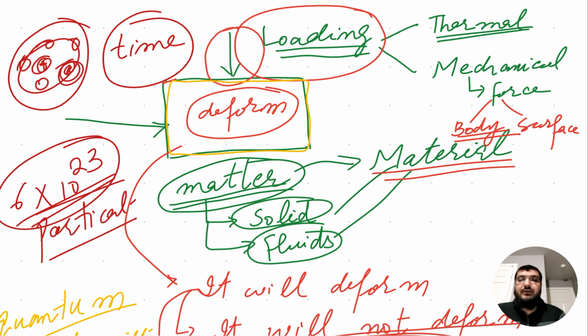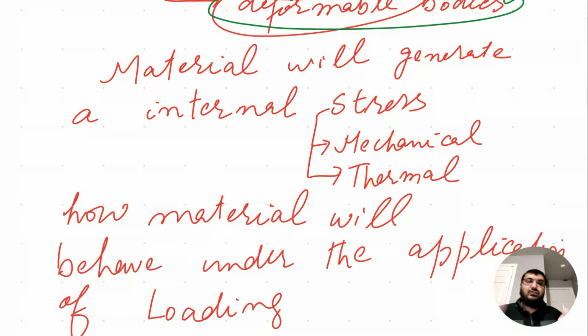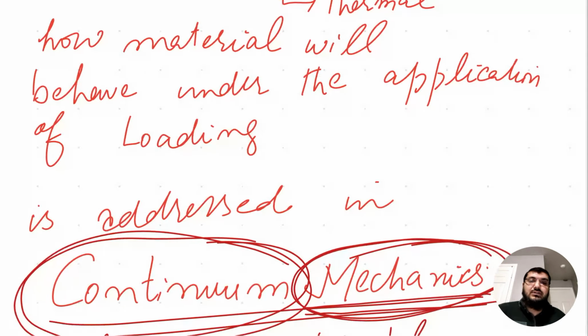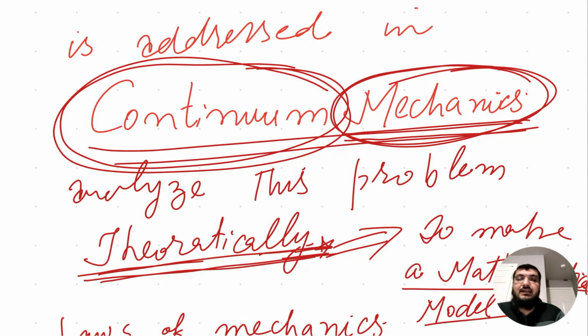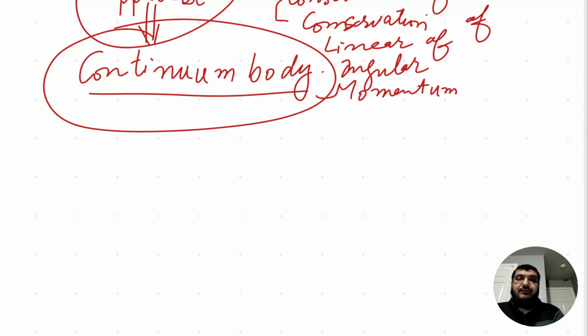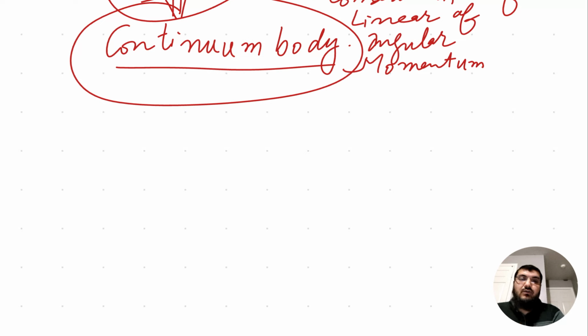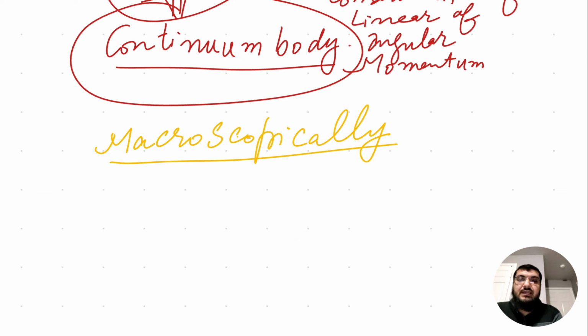So you change your approach to analyze the material. Instead of analyzing every particle, you consider the material macroscopically. For example, what is the meaning of macroscopically?